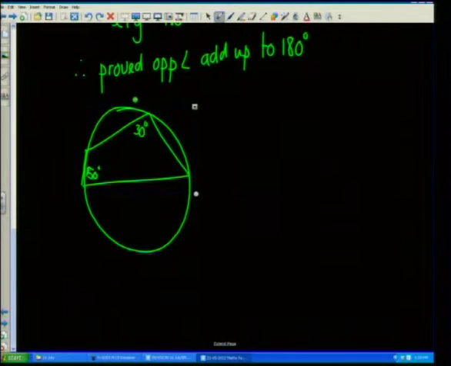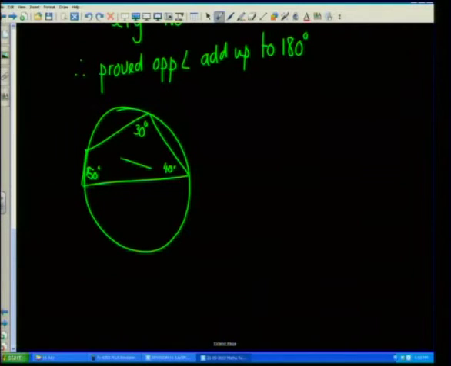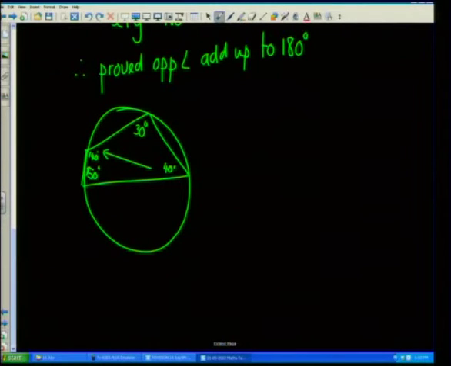If I give you that this is 40, then I can automatically say that that one across is going to be 140. And so if you know your theory in paper 3, it's so wonderful to be able to apply, and these puzzles kind of just fall into place.